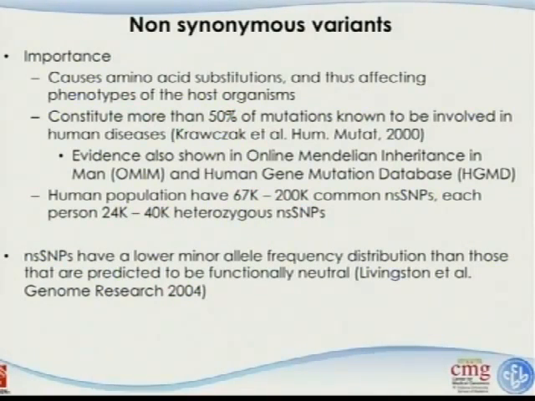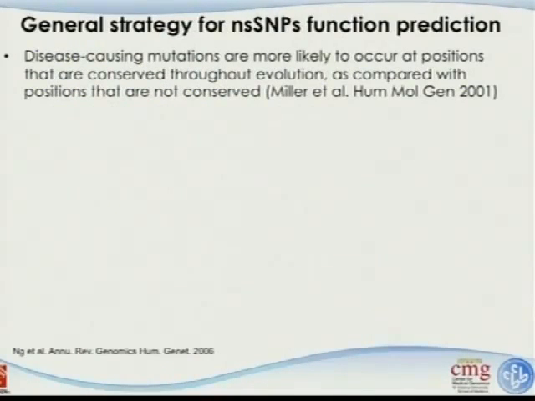This is a very important point, because it tells us that natural selection actually selects against this type of variation. So once those occurred, a lot of those individuals will not go on to the next generation. They were eliminated from the general population. That's why they have a lower minor allele frequency distribution than those predicted to be functionally neutral.